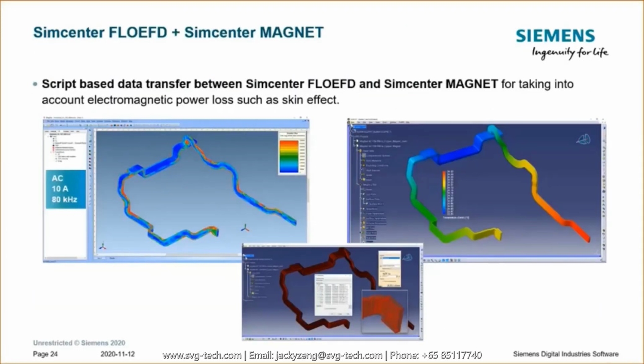And as you move to other types of effects relevant to your thermal problem, and need to bring in maybe EM effects, we can co-simulate with Simcenter Magnet to bring that aspect into the analysis.